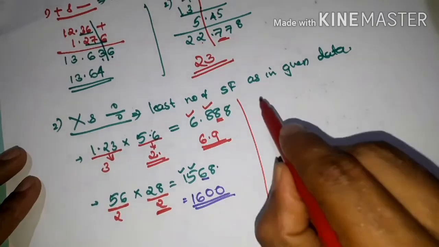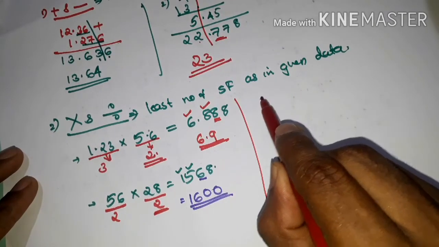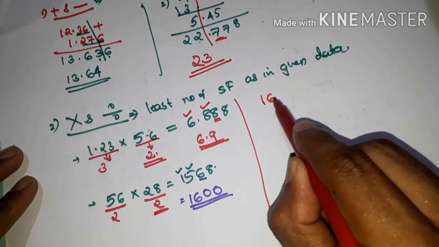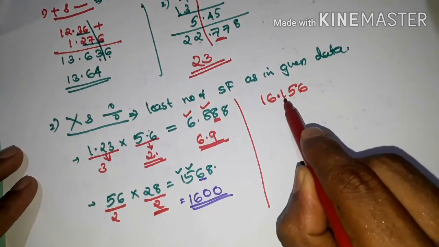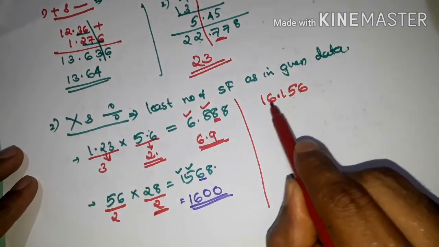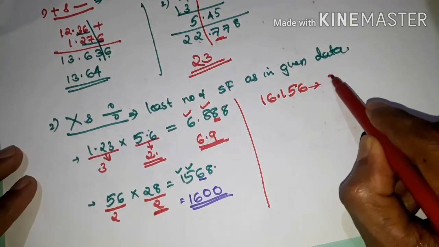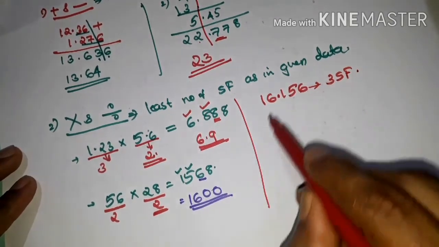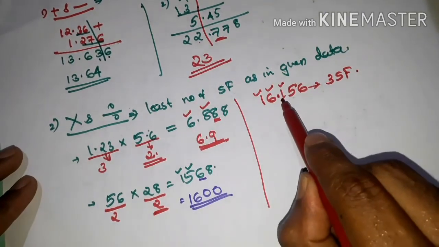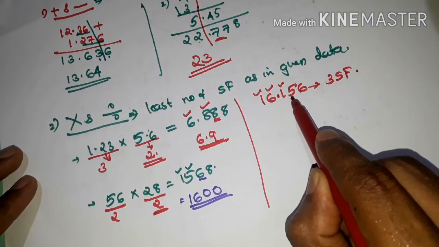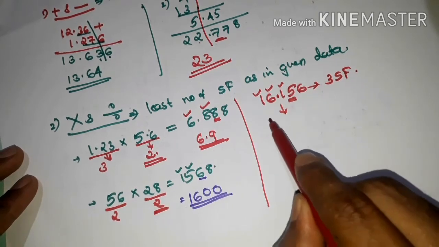Take another example. Our question is rounding off to 3 significant figures: 16.156. Total 5 significant figures are there. Here 16.1, look at the next number, 5.